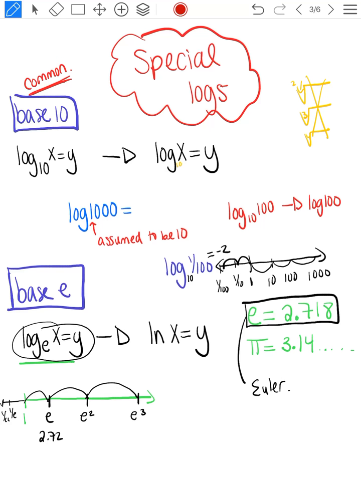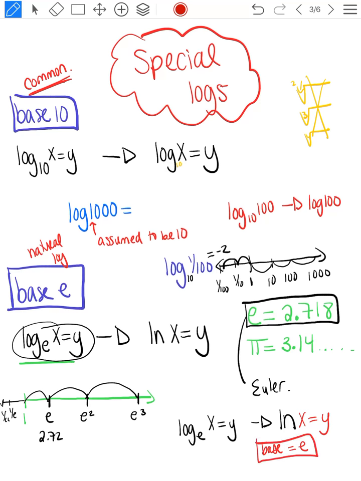If we're doing a logarithm with base e, it has its own special notation, and you'll see it on your calculator, which is ln, which stands for the natural log. So ln x equals y is telling you that your base is equal to e.